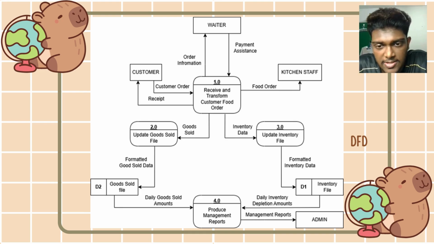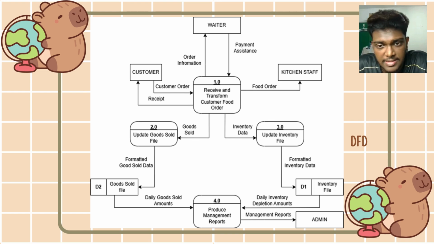The first data store is the inventory file, which stores the inventory records and will be updated in process 3.0. Our second data store is the goods sold file, which stores the sale records and will be updated in process 2.0.